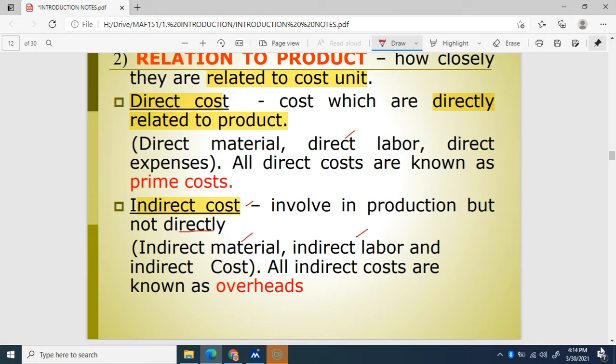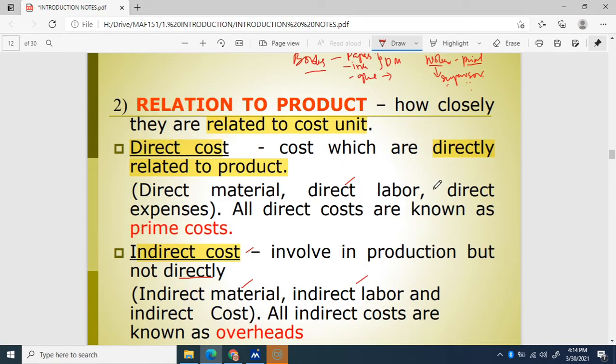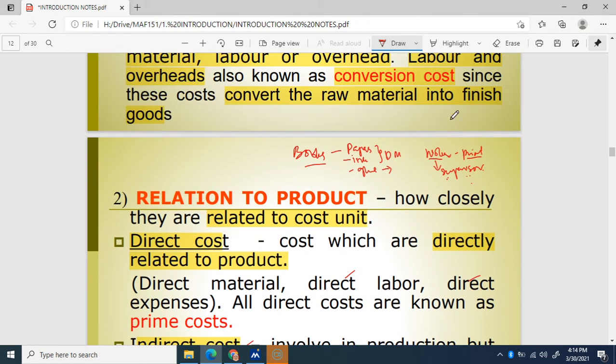How about direct expenses? In producing the books, you need to pay royalty to the authors. Royalty is involved directly in producing the book. If there is no author, there are no books produced.